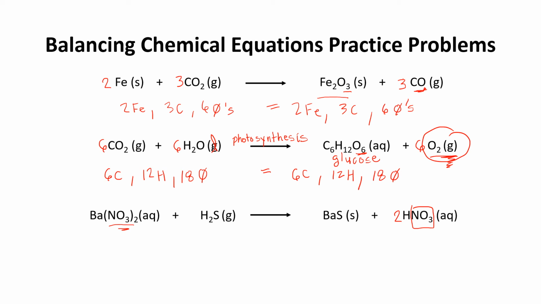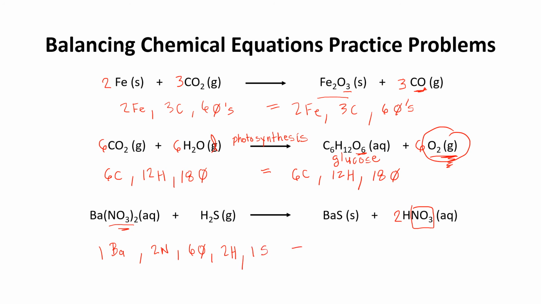We have 1 sulfur, 2 hydrogens here, 2 hydrogens over here. It looks like we're balanced, guys. So we have 1 barium, 2 nitrogens, 6 oxygens, 2 hydrogens, and 1 sulfur.